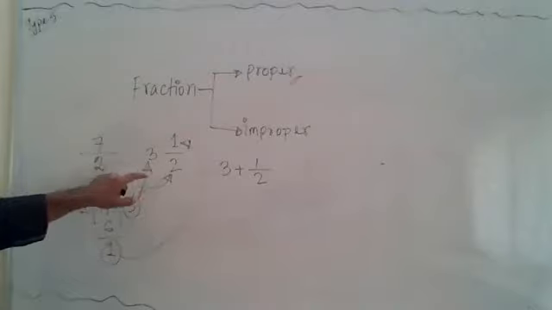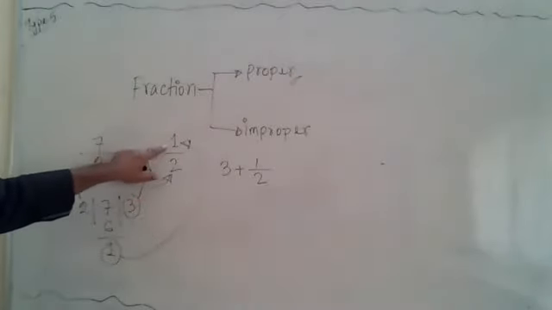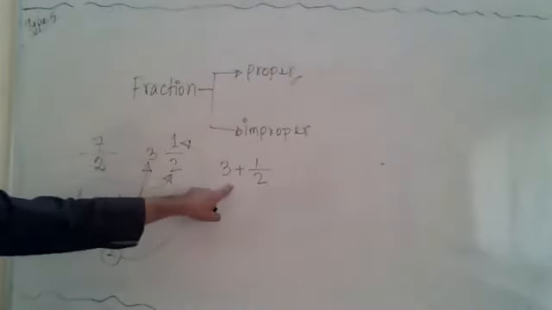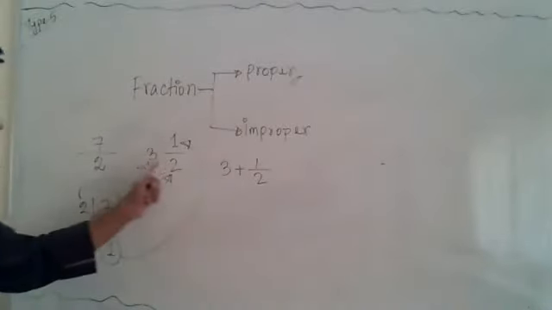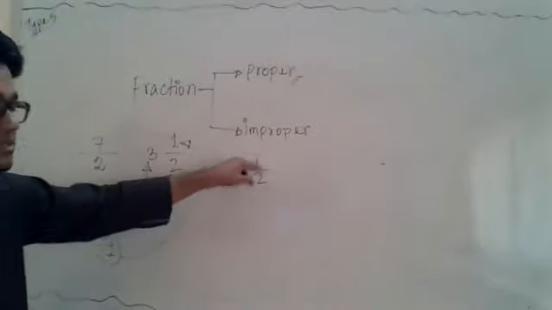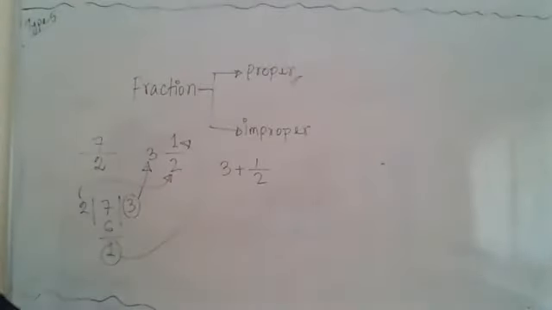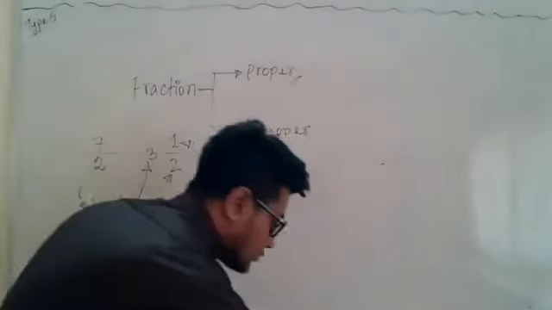If we talk about pizza, it is 3 full pizzas and half of another pizza. It means the same, so I can write it in this way. Now, why did I tell this? I will show you.